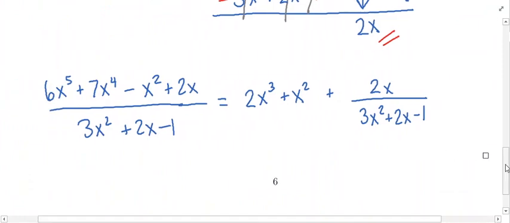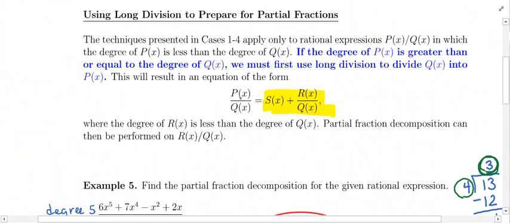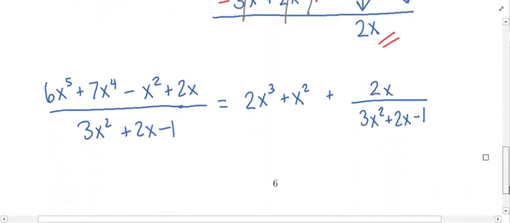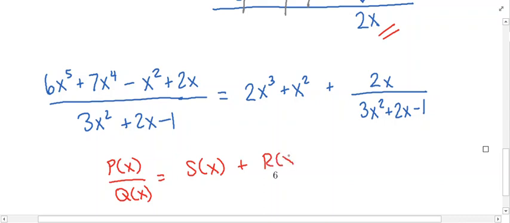If you mirror what's in the box up here, P of x over Q of x is equal to S of x plus R of x over Q of x. Notice that these denominators match, and they should.